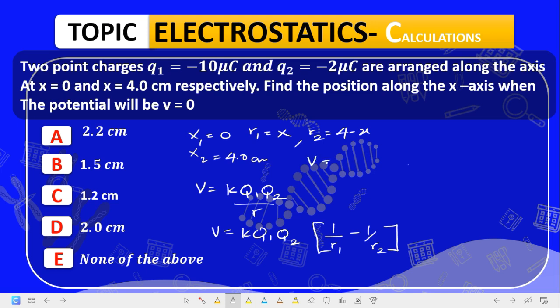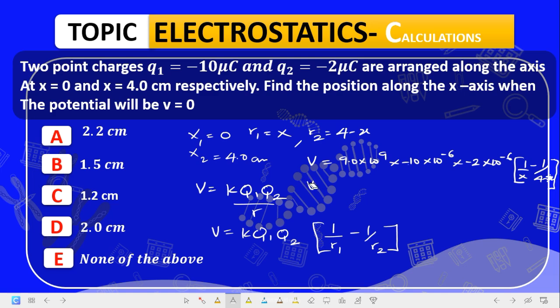So our V will be equal to K, which is 9.0 times 10 raised to the power of 9, times minus 10 times 10 raised to the power of minus 6, times minus 2 times 10 raised to the power of minus 6, then bracket 1 over x minus 1 over 4 minus x.